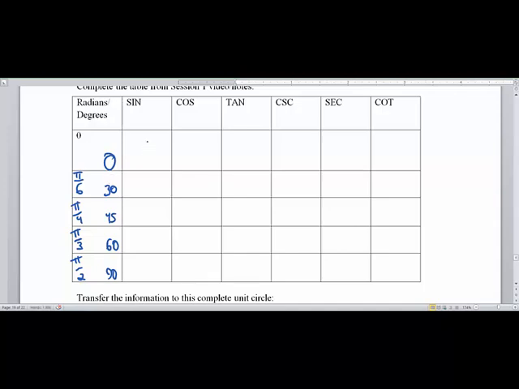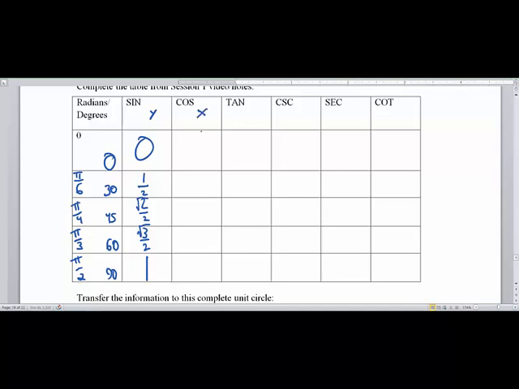Now, the sine goes 0, 1, 2, 3, and then back to 1 here. And our denominators are all over 2, and the numerators are all rooted. And we don't root the 1 because the square root of 1 is 1. And so this is our sine table here, and the sine correlates to the y values on the unit circle, because sine is opposite over hypotenuse, and since the hypotenuse is 1, y divided by 1 is just y.